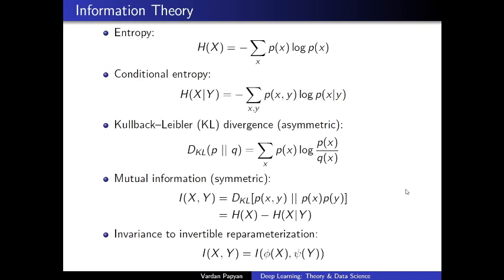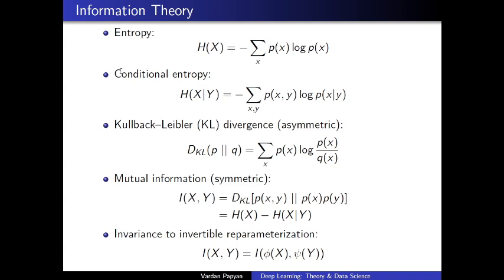Okay, as you can see, in information theory, we have a term called entropy, which is the minus sum of p of x times the log of p of x, and we iterate over different x's. The less entropy is, for example, if entropy is 0, it means that all of the information is the same, so we don't have any information, and more entropy means we have more information.